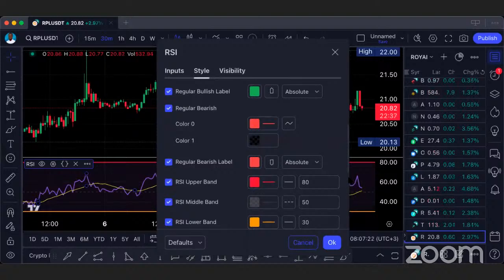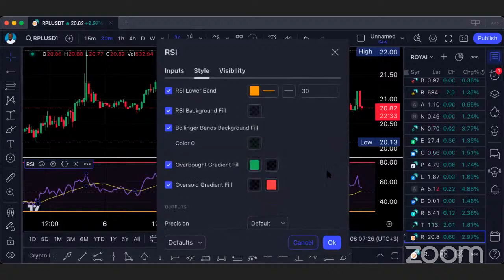Okay, so here we are dealing with setting up the indicator. These other areas of a gradient field of oversold or overbought, we shall discuss later. And let me now go into the input.